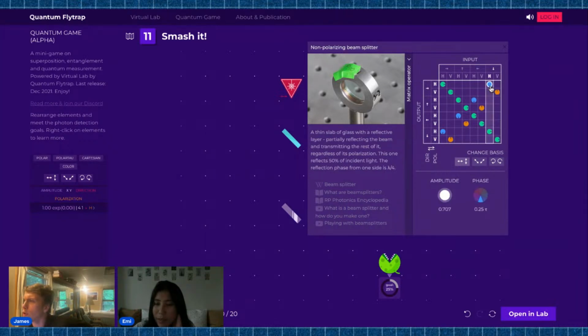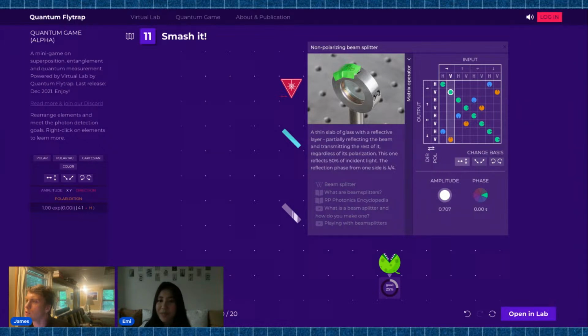what does this mean? Phase 0.25 tau. And this is going to be 0.25 minus 0.25 tau upwards. Right, so we've got phases here. Interesting. Okay, and I'm guessing this diagonal represents the actual beam splitter.